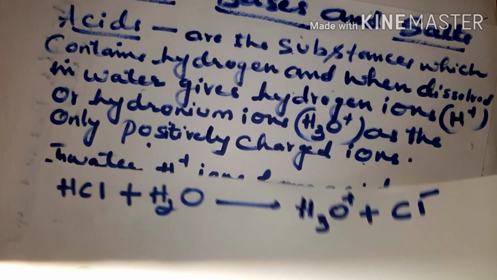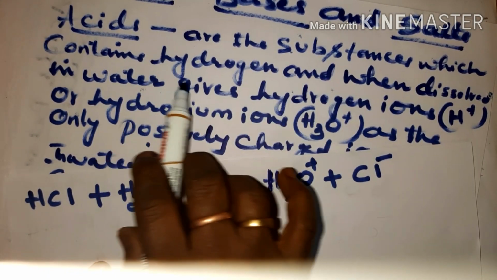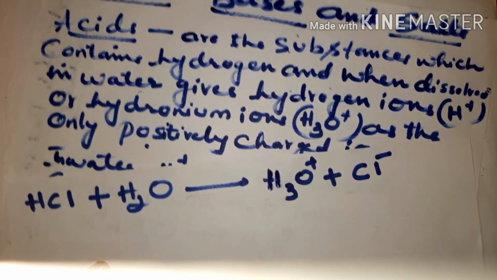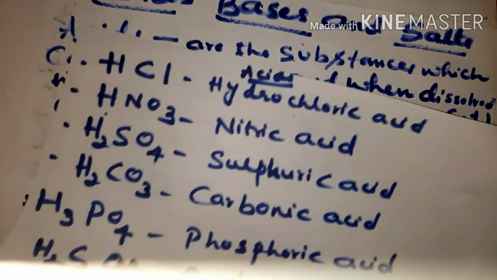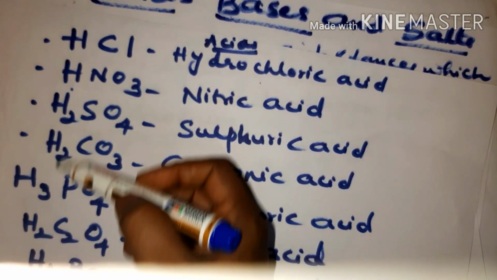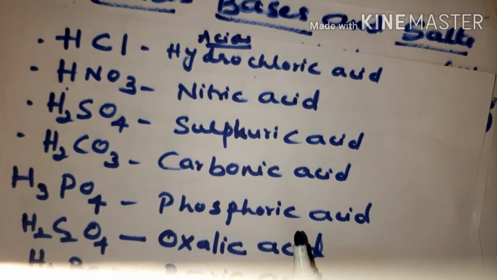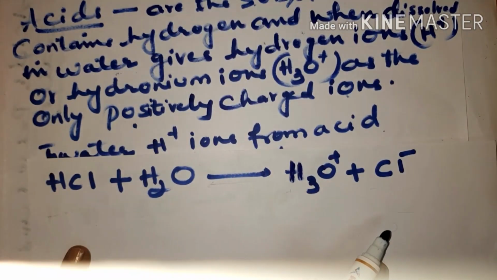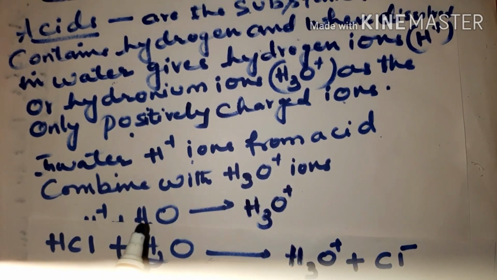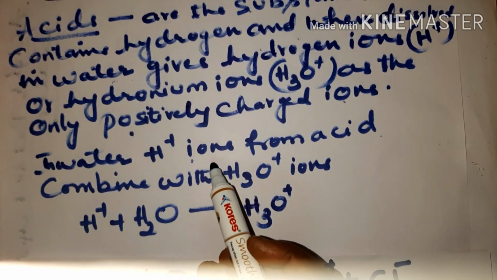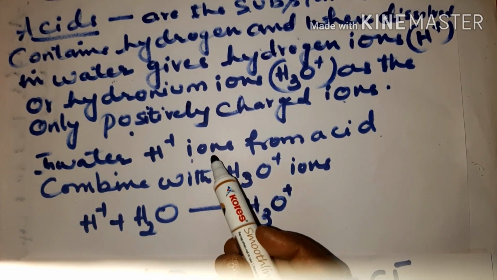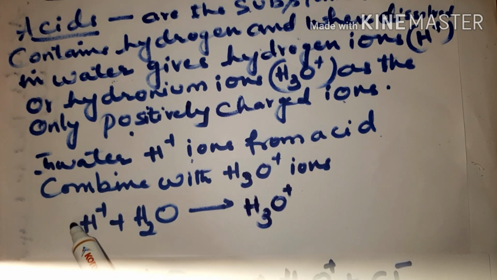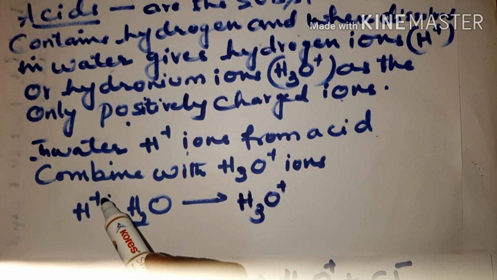Understood, children? So what are acids? Acids are the substances which contain hydrogen. I told you all the acids have hydrogen in them, and when these acids dissolve in water, hydrogen ions are formed from the acid.